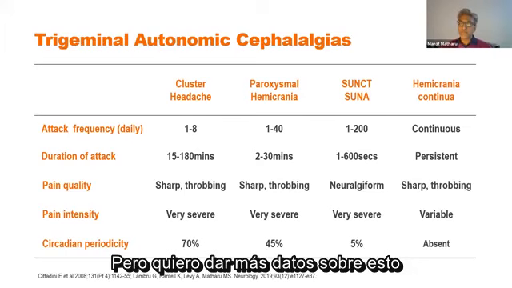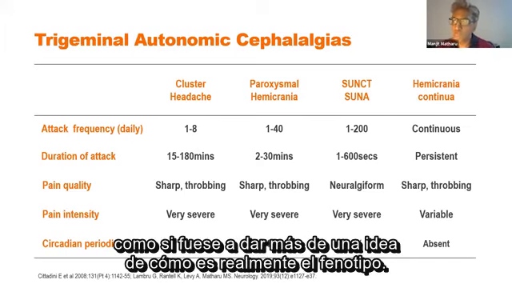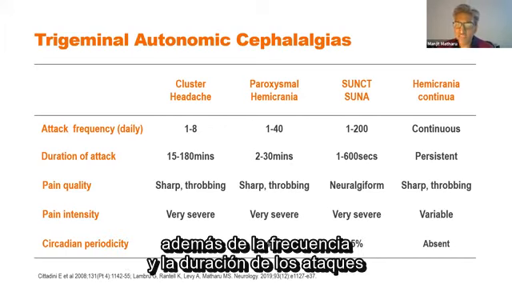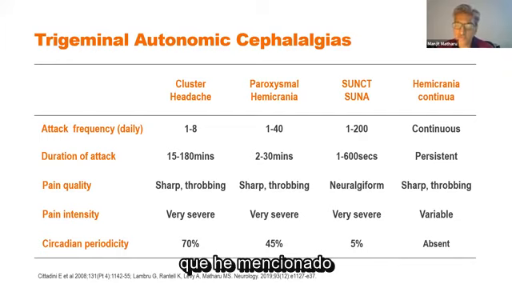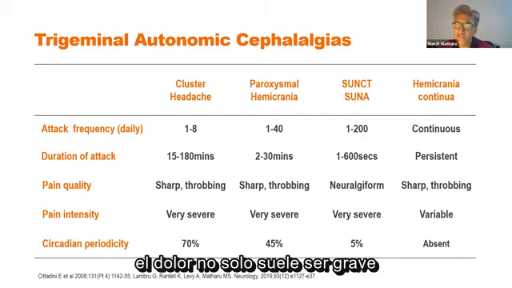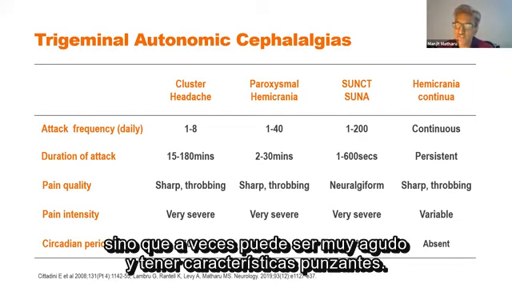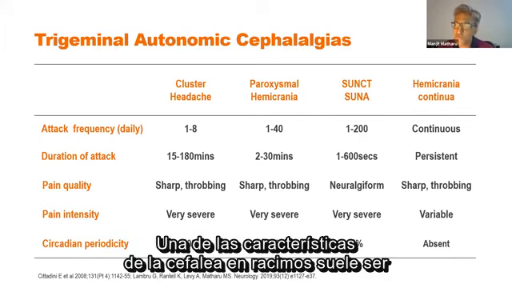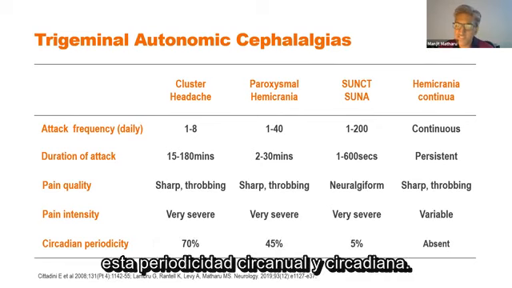But let's put some more meat on the bones, as it were, to give more of an idea of what the phenotype really is. So besides the attack frequency and duration that I've just talked about, the pain tends to be not only very severe, but often has a very sharp and throbbing quality. One of the signature features of cluster headache tends to be this circadian and circannual periodicity.